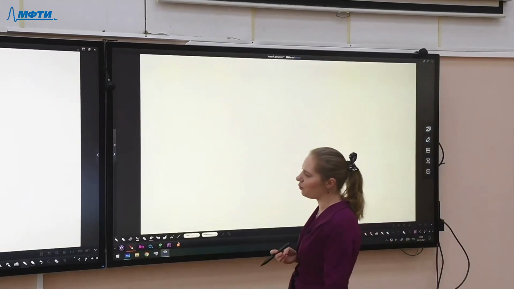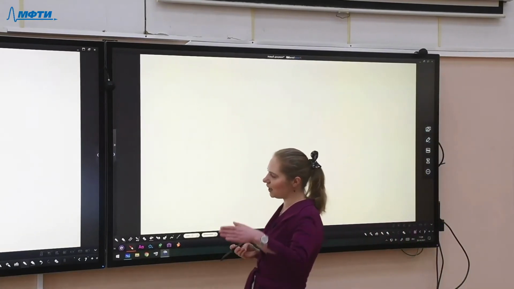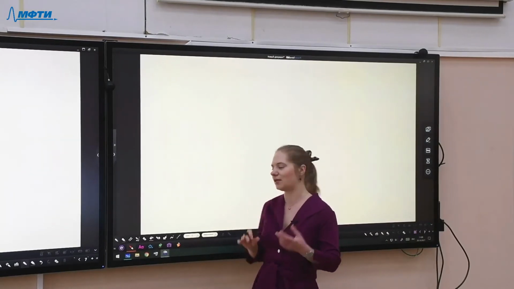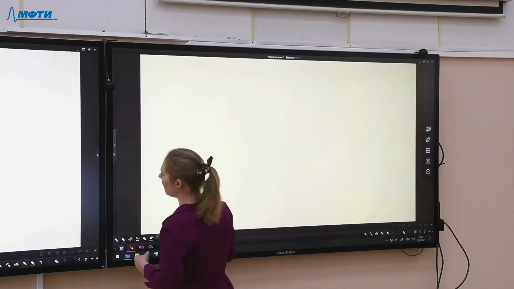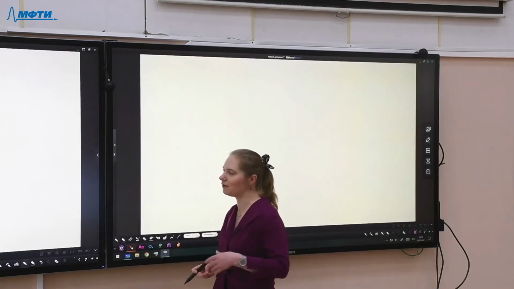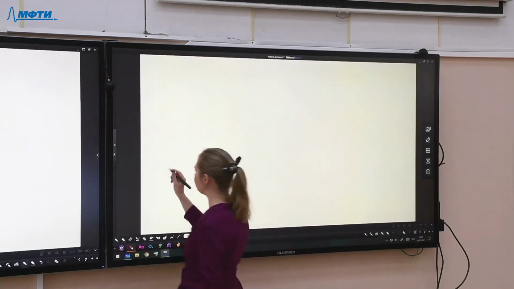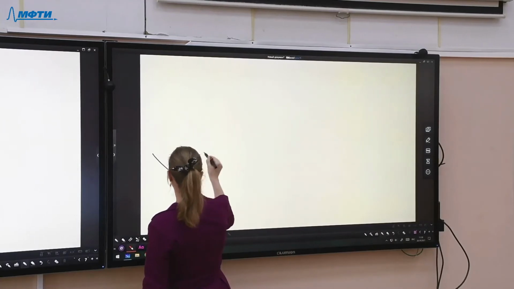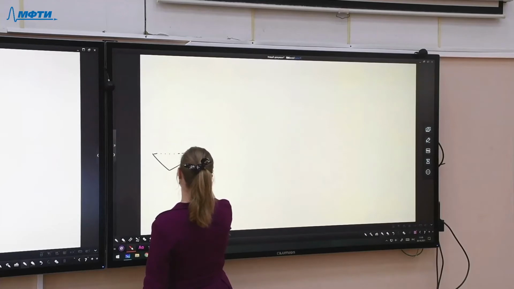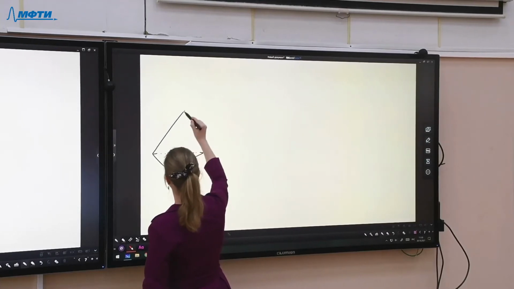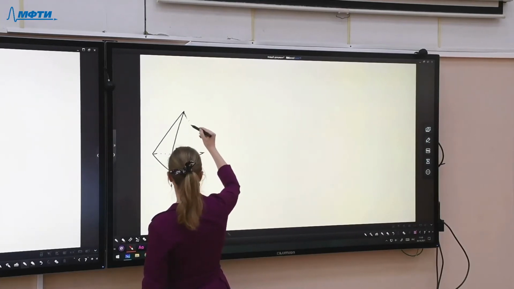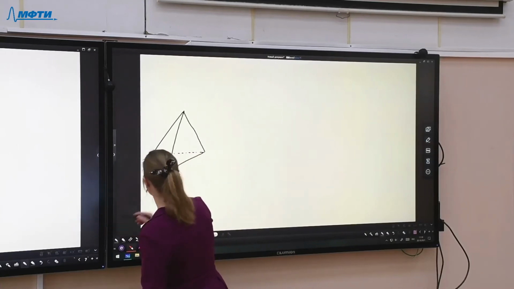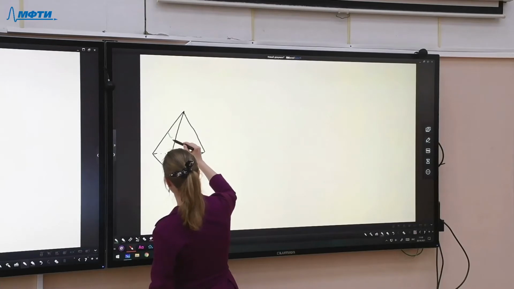What can we do with a pyramid? We can take a parallel plane and cut off the upper part of our pyramid. And in this case, we will have a so-called frustum of a pyramid. Well, let's consider a triangular pyramid. Then let's take a parallel plane.